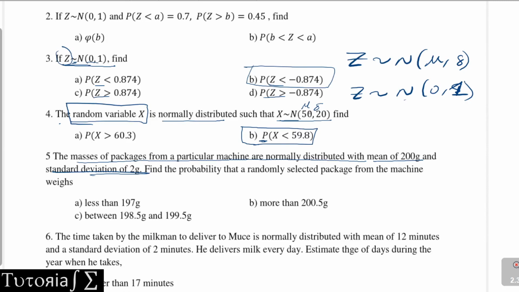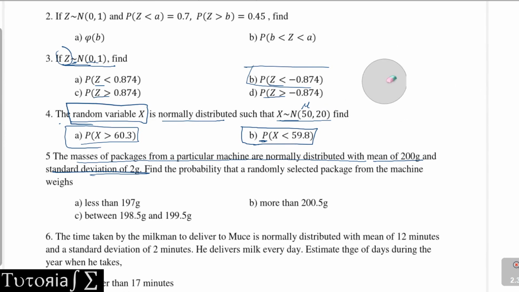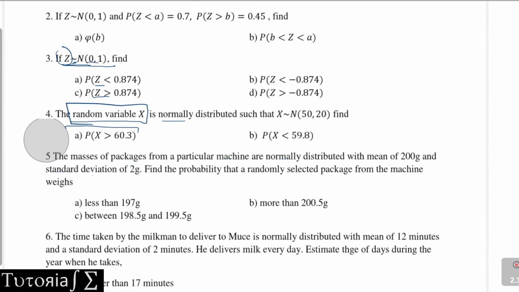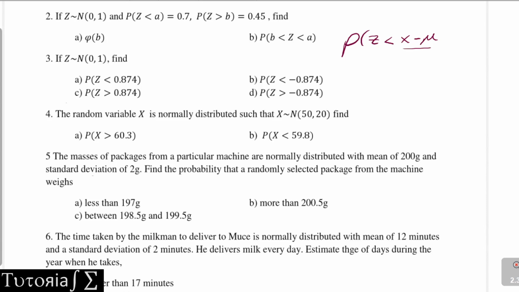Now, how do you convert a normal distribution variable into a z-score? There is a formula that we use. Let me just write it here. The formula is: the probability of z less than (x minus the mean) over the standard deviation.